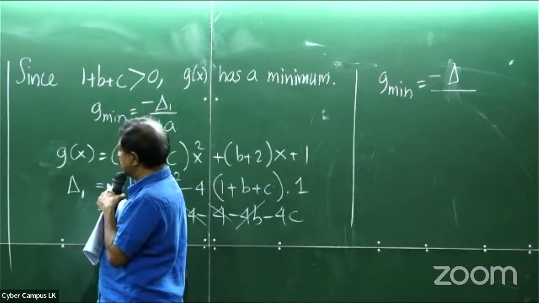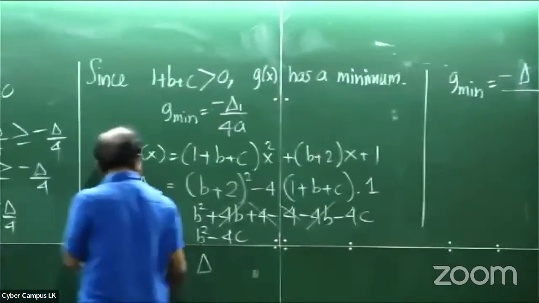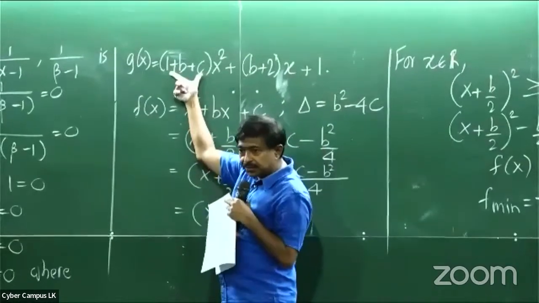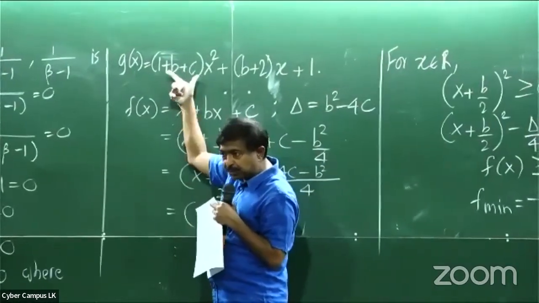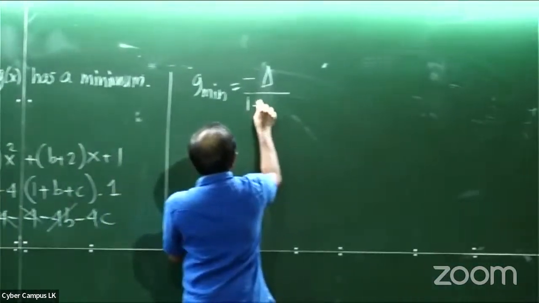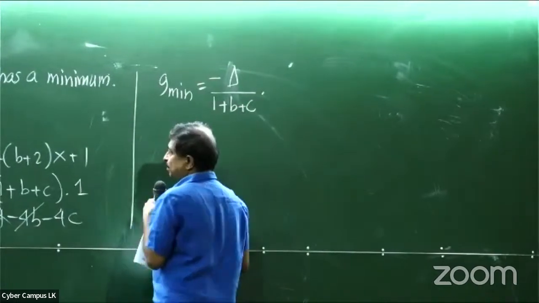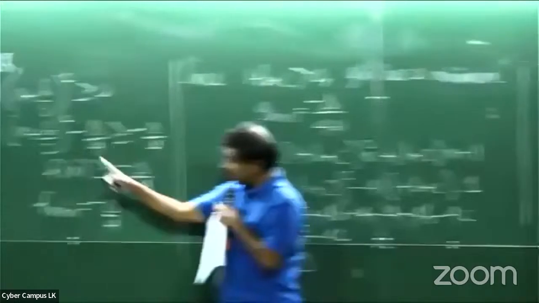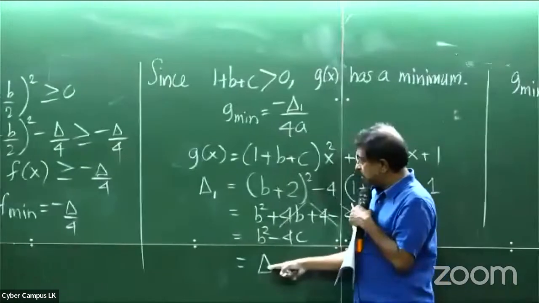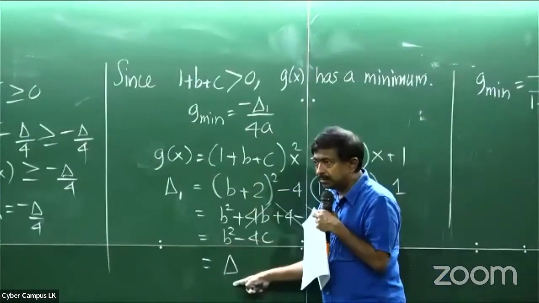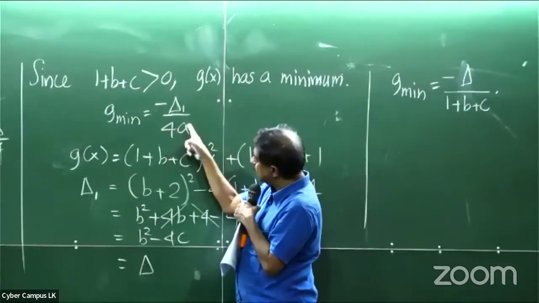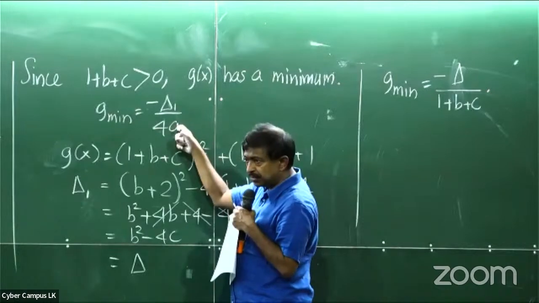The coefficient of x squared is usually considered as A. So A is 1 plus B plus C. So for this particular function, it will be minus delta over 1 plus B plus C. The specialty is that here, for f and g, for both functions, the discriminants are the same. Delta 1 is delta. So here, instead of delta 1, you could have written delta over 4 times, but instead of A, you have 1 plus B plus C.